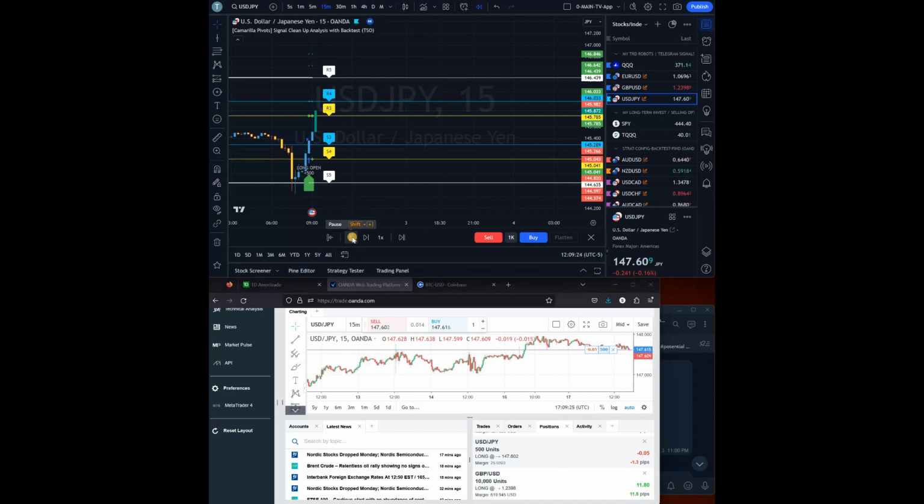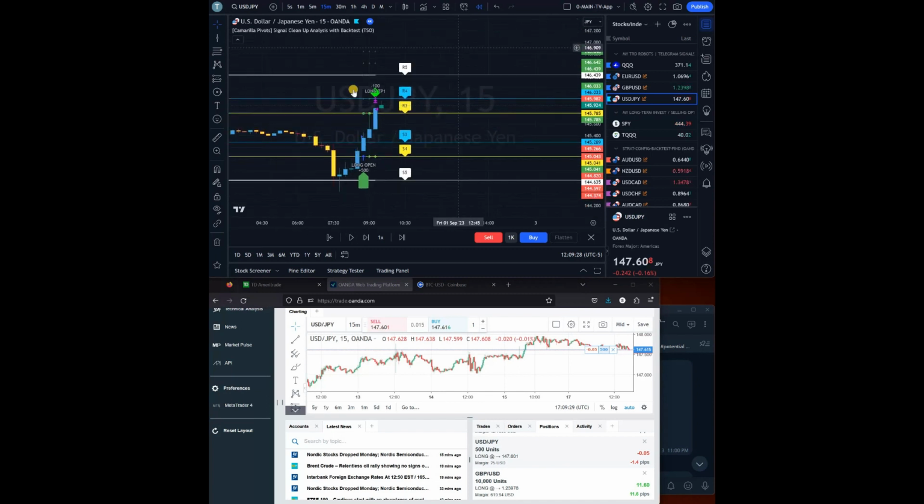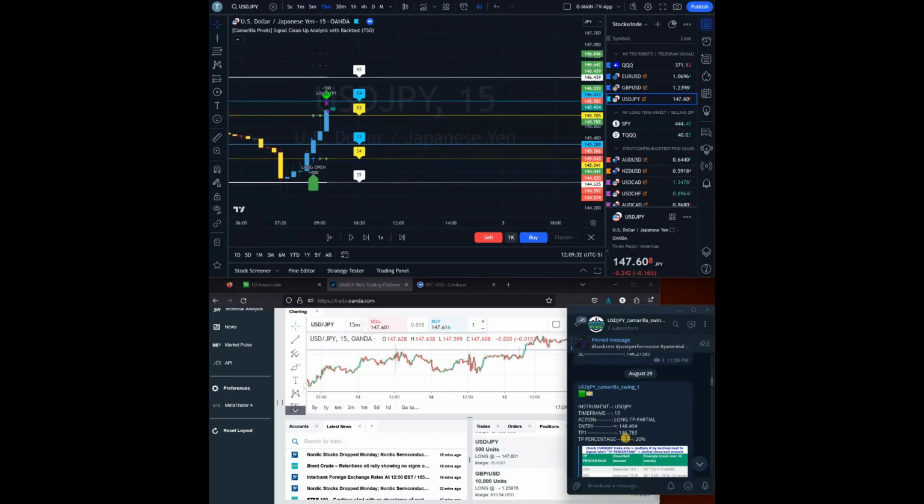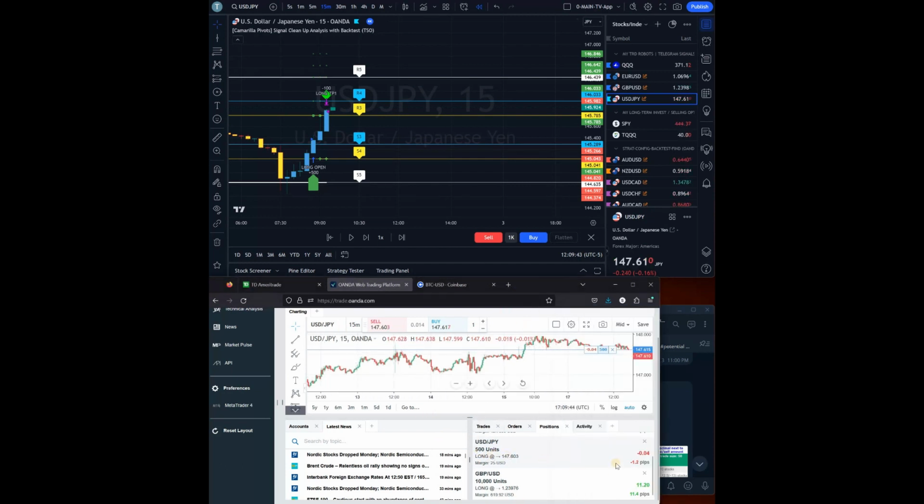Let's go further. Okay, take profit 1. As I mentioned, it's probably going to be quick. We have very short distances. So take profit 1, there it is, 20%. You remember, same way, TP partial, 20%. 20% from 500 is 100.